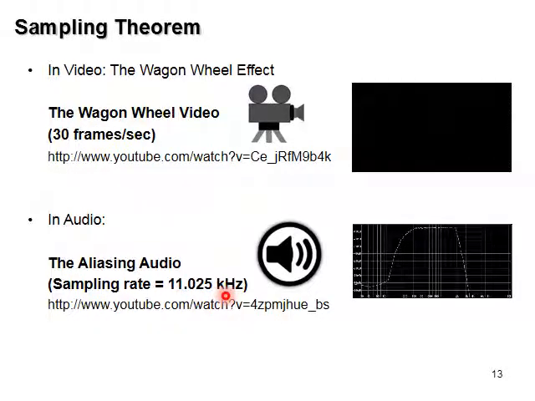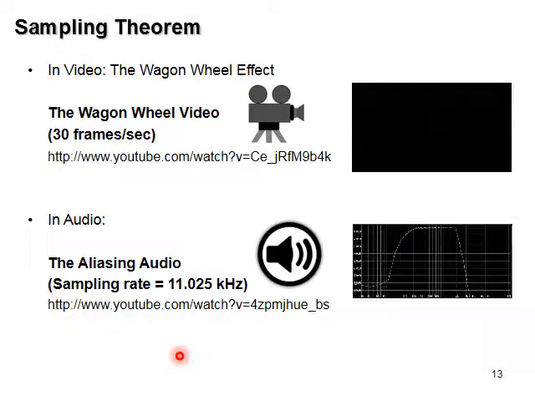This means that every second we have 11.025 multiplied by 1000 samples recorded. The analog signal being sampled at this rate had its frequency varied, starting from 0 and going up to 20 kilohertz.